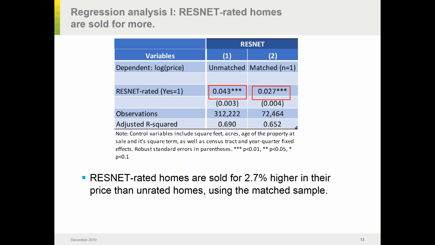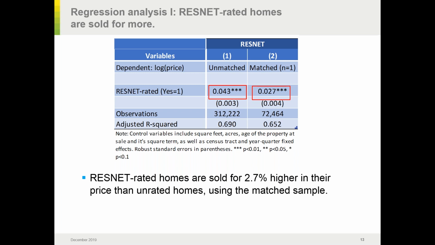We did decide to go a step further, just to make sure that our result was robust in terms of having a price premium. We use a propensity score matching technique to further match the RESNET rated homes with unrated homes that were similar in characteristics, so that we had a better match to control for things that could have been associated with having received a rating in the first place, right?